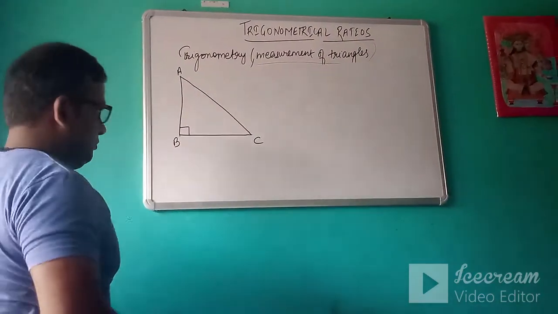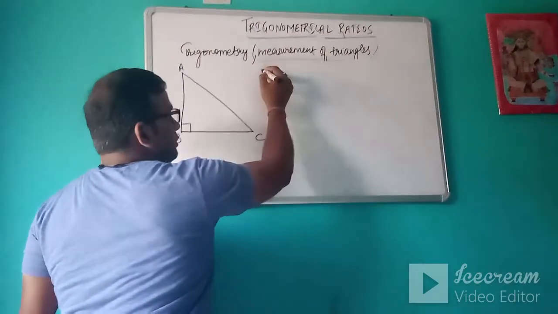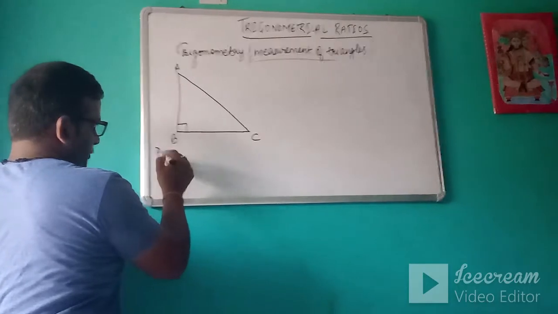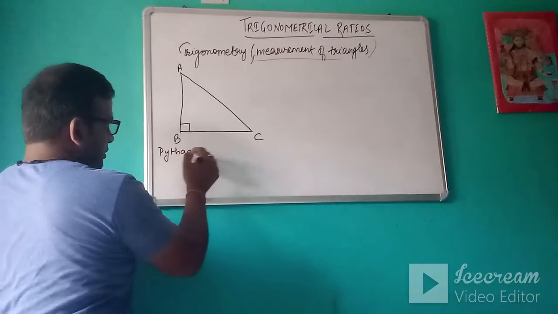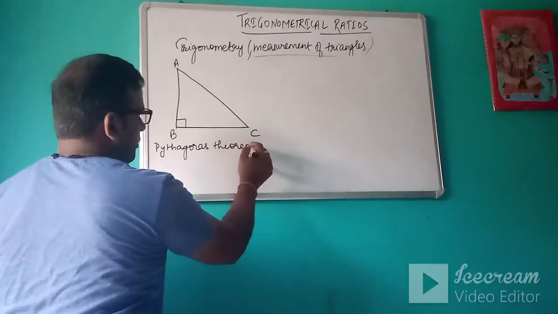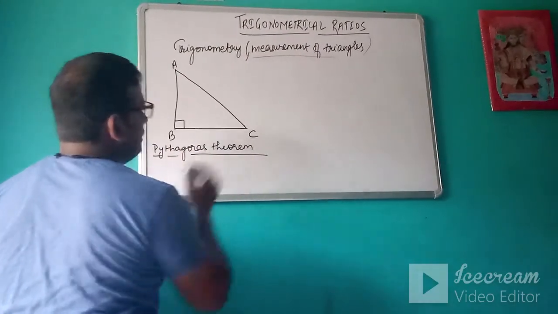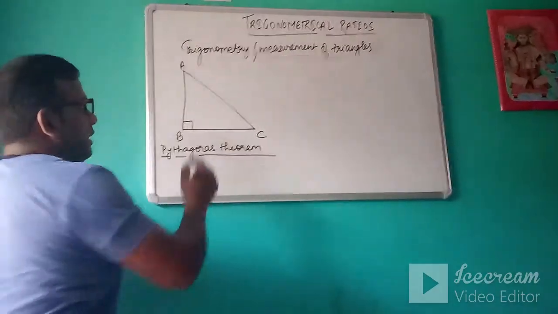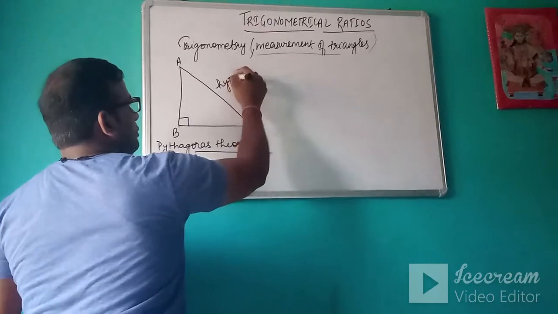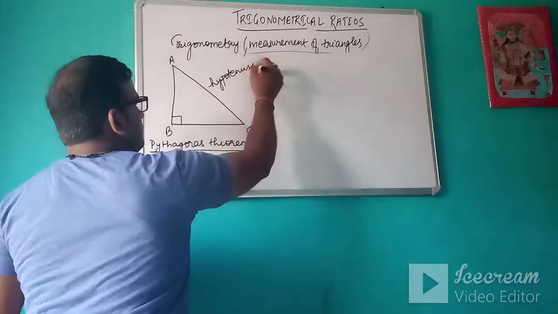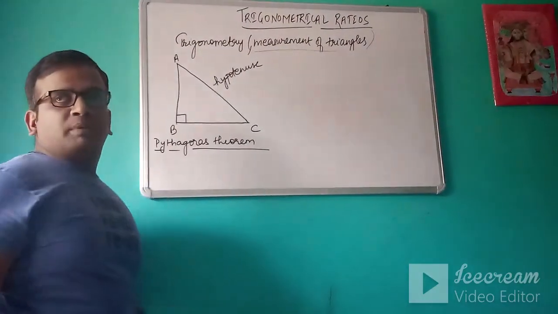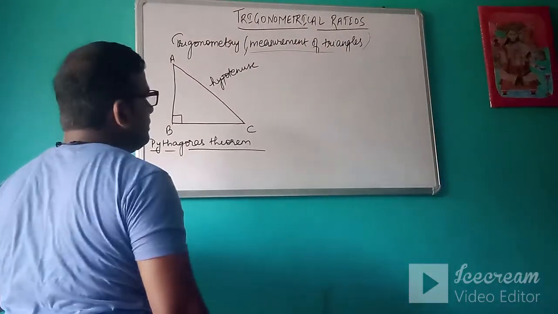Now, whenever we use the trigonometric ratios, you should know a few important things. One is the Pythagoras theorem, that will be used very frequently whenever we need to calculate the side which is not given. A side which is opposite to 90 degrees is known as the hypotenuse. And out of AB or BC, one side is known as perpendicular and one side is known as base.